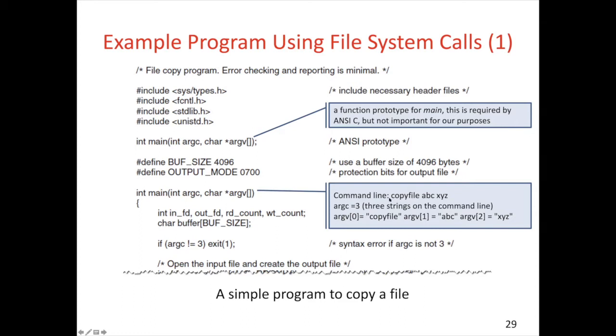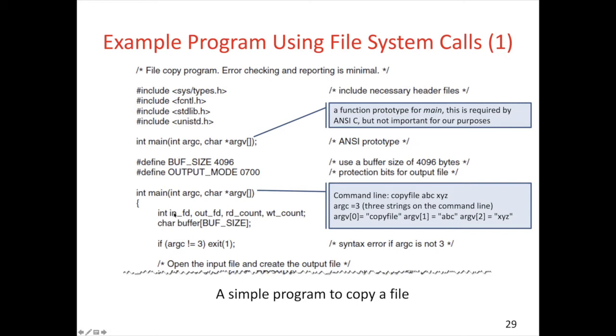Argv0 is the pointer for the string copy file, argv1 is for the string abc, and argv2 is for xyz. Notice that argc is an integer and argv is a character pointer array, where we are going to store strings.